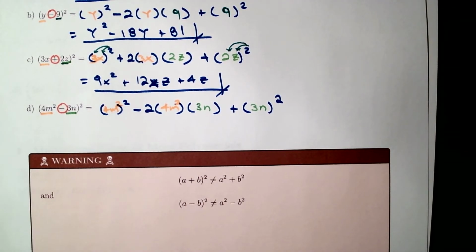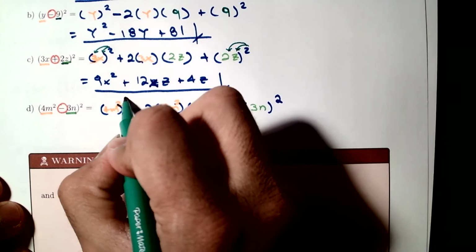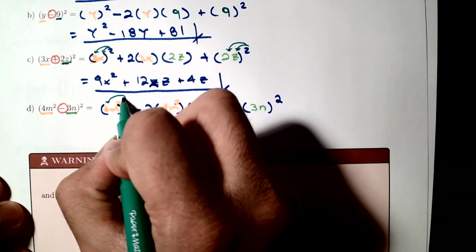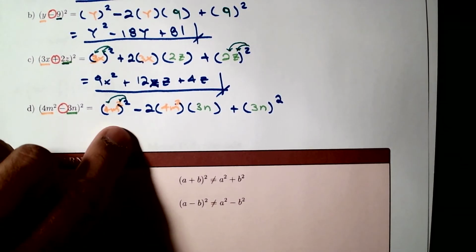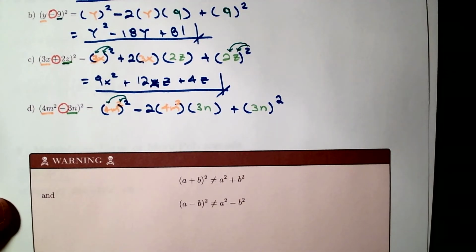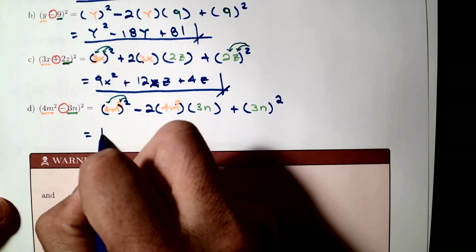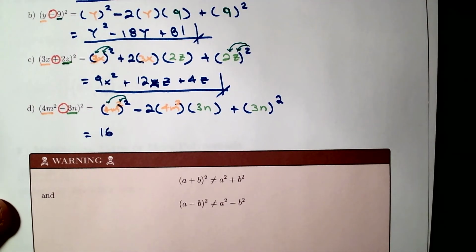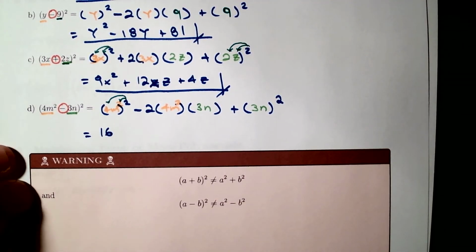Now be very careful here. 4 squared, 4 and m squared. So 4 squared equals 16, and then m squared here, you might want to recall another one.